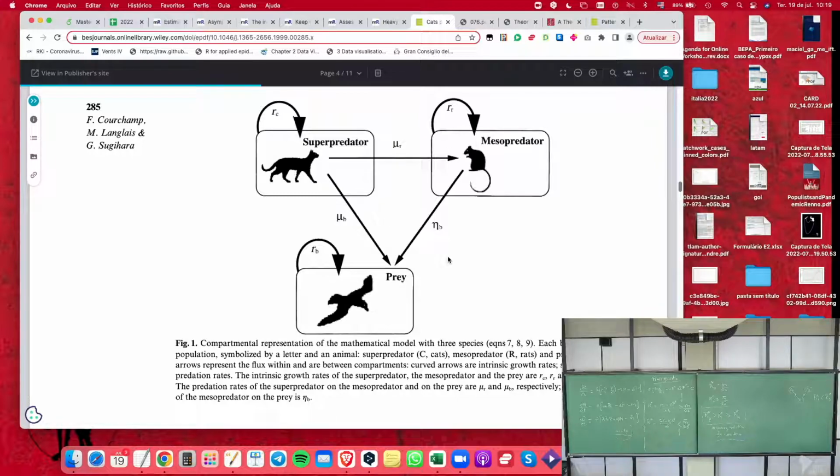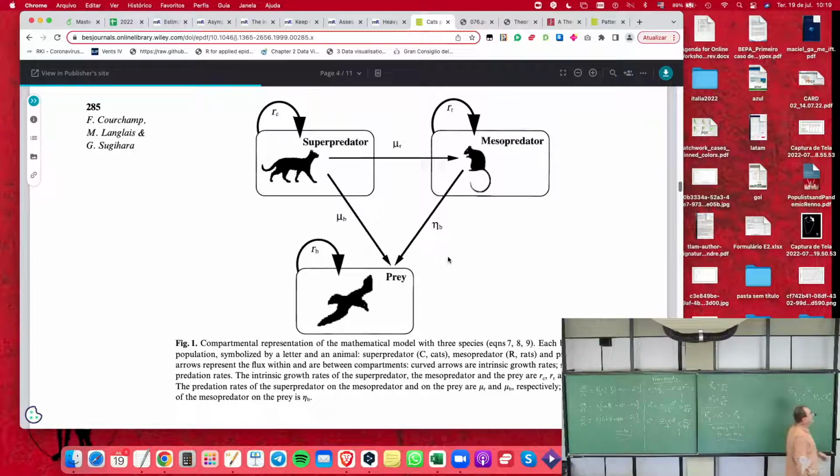But here, to be more realistic than this kind of exercise, that's a situation in the field where you don't have the controls that you have with your mites in the lab.